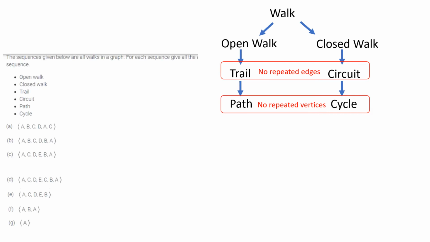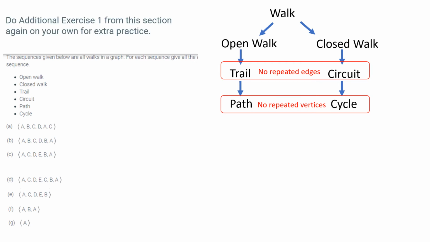Now, I've got an exercise that is there in zyBooks at the end. It's one of the additional exercises, the number 1 from this section. I've gone ahead and put it up here, and we're going to look at them together and see if we can find these answers just by getting a little bit of practice.